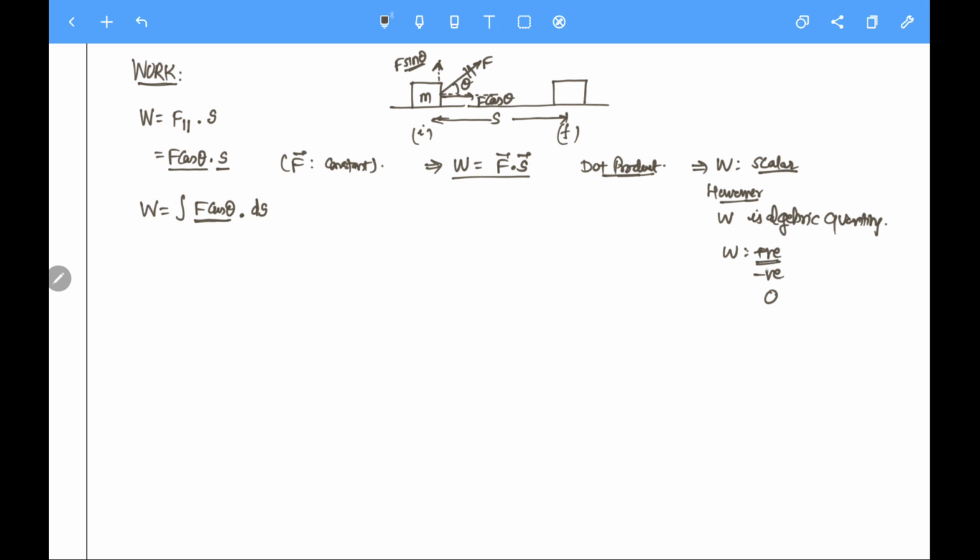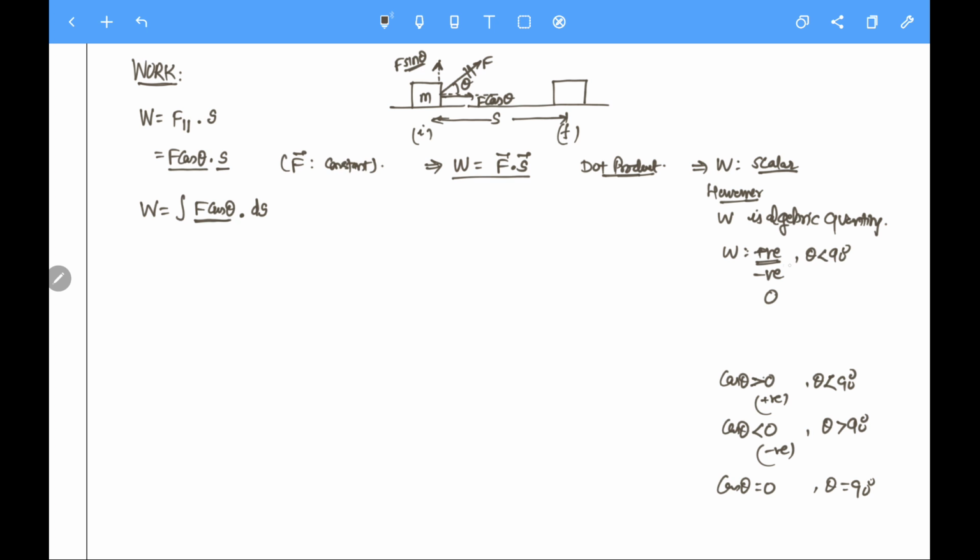Work will be positive as per the formula when theta is less than 90 degrees, because cos theta is greater than 0, or positive. Cos theta is less than 0, that is negative, when theta is greater than 90 degrees and less than 180, and cos theta equals 0 when theta equals 90 degrees.